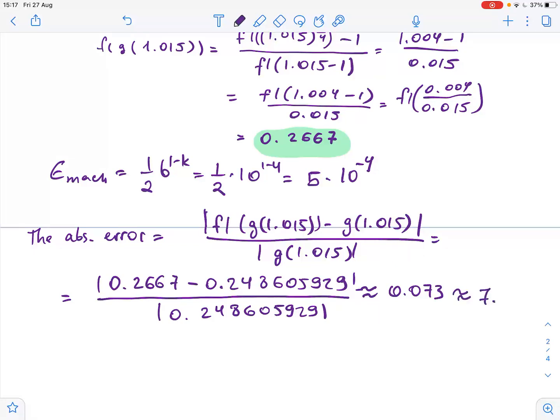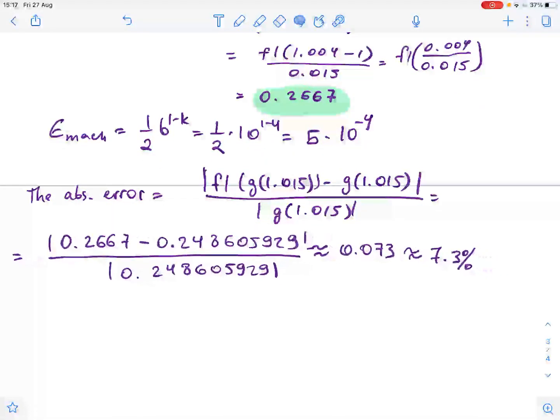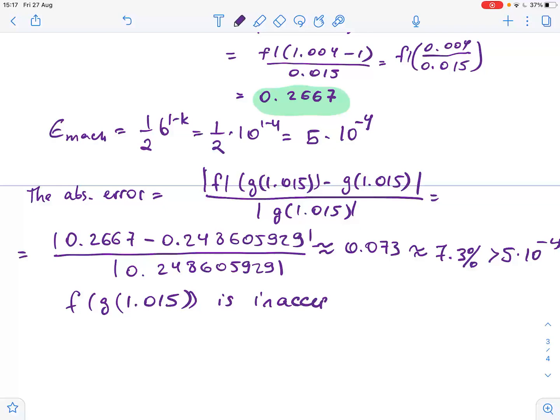So it equals 7.3%, which is larger than 5 times 10 to the power of negative 4. So we can make the conclusion that f of g of 1.015 is inaccurate.